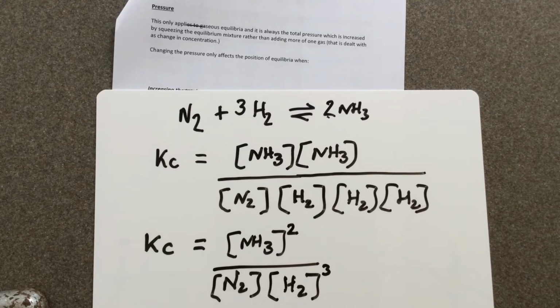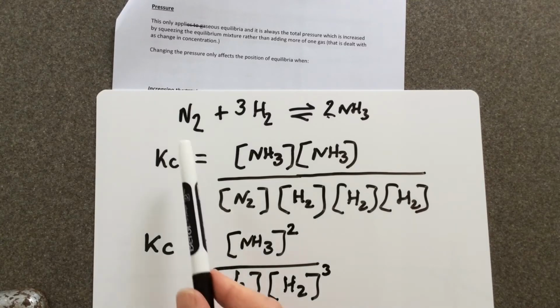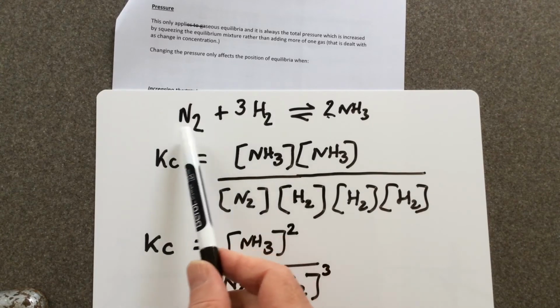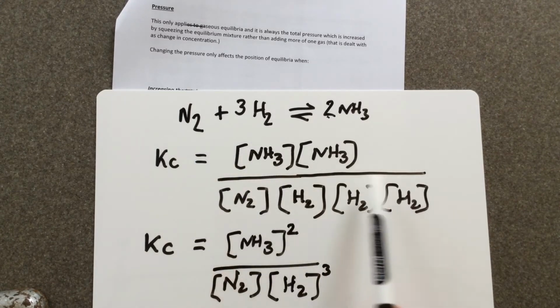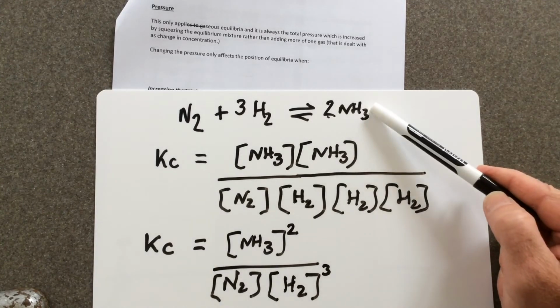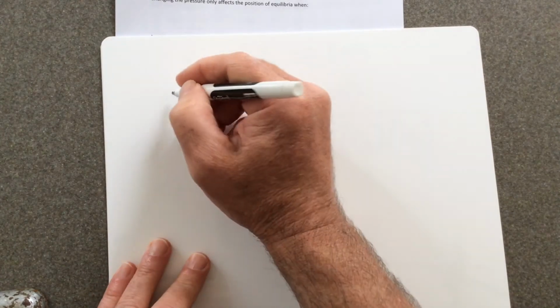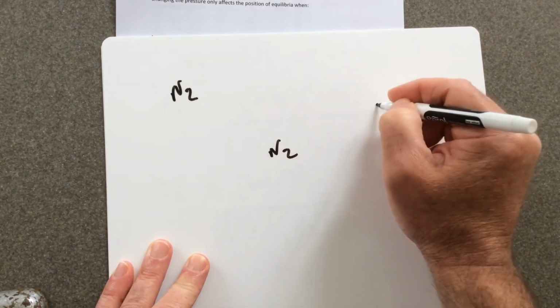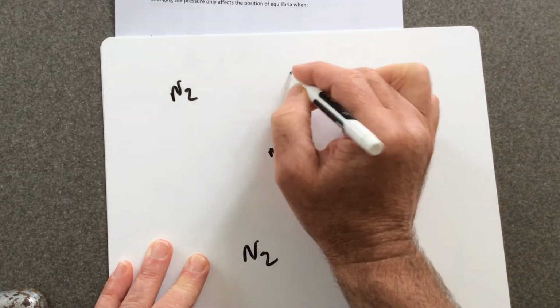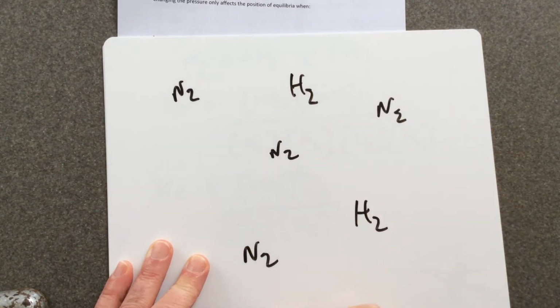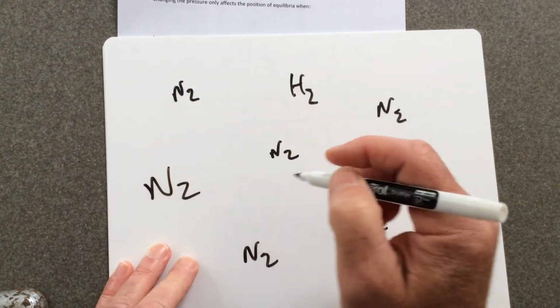How does it do that? Well, I can see I've got lots of concentration terms for the reactants, and fewer concentration terms for the products. So let's imagine this whiteboard is a sealed container, and I've got some nitrogen and some hydrogen in any random kind of orientation.